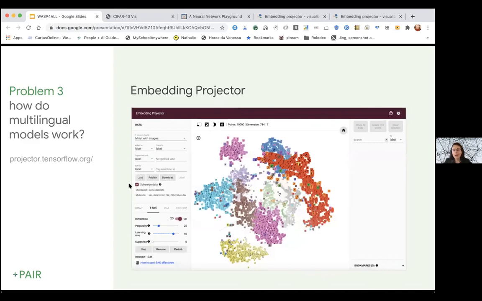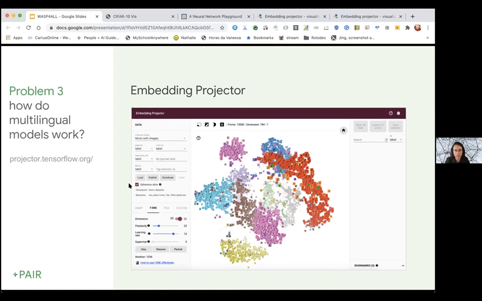Okay, now on to my last problem and my last use of visualization. This is the moment when we look into visualization for scientific insight. So the big question here is, how do multilingual models work? How do multilingual machine learning models work?